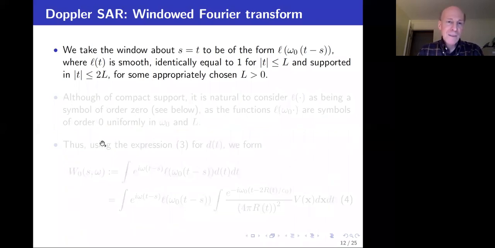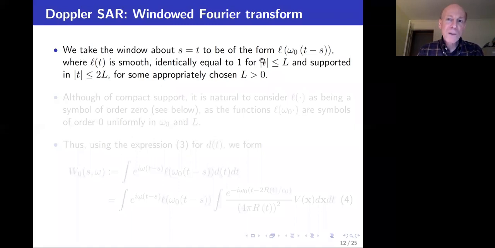So l of t is a smooth function. Say it's identically equal to 1 where the absolute value of t is less than or equal to capital L, and it's supported inside the interval from negative 2L to 2L, where capital L is an appropriately chosen parameter involving all these physical constants that are in the problem.